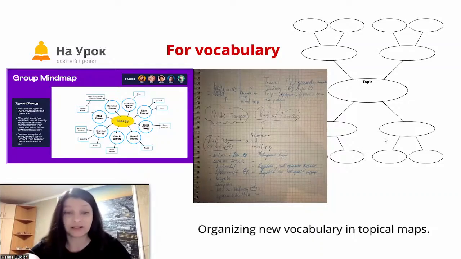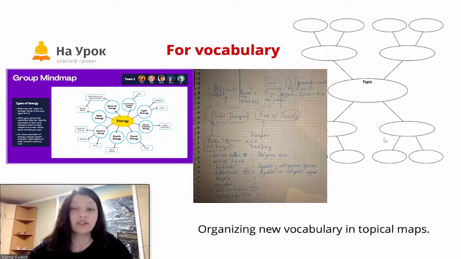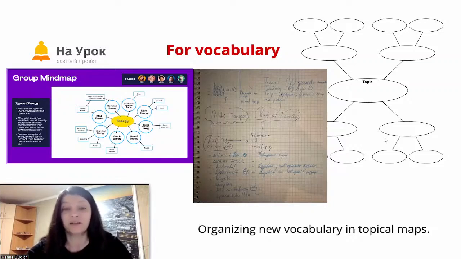That was the general topic, and this student organized the words into these subcategories: public transport, kinds of traveling, and also he made some marks, like using verbs or other parts of speech, in order for it to be useful, productive and effective for this very student.